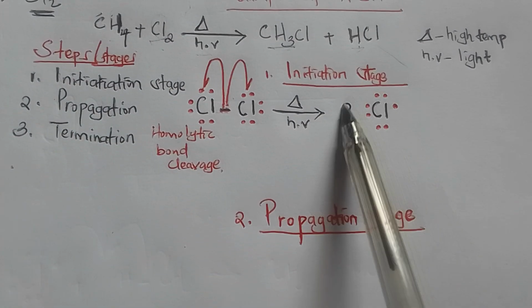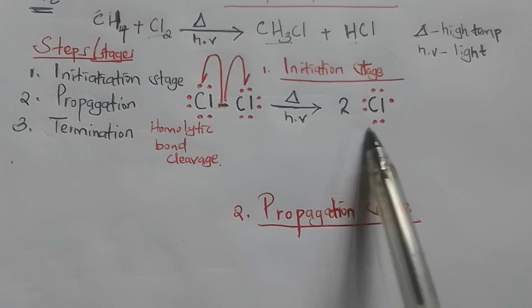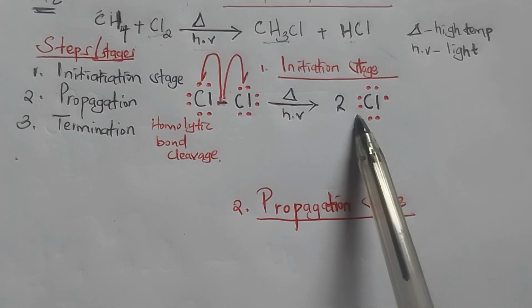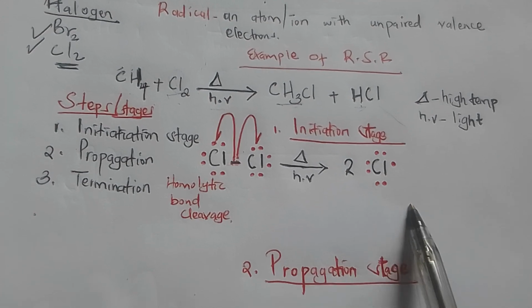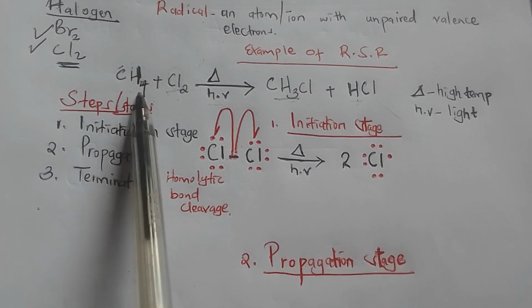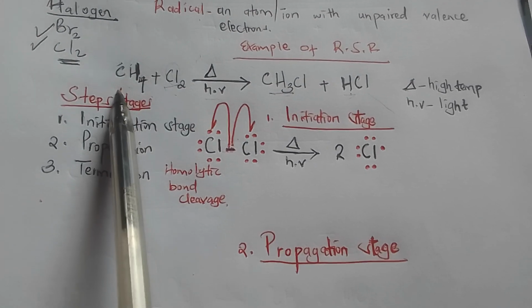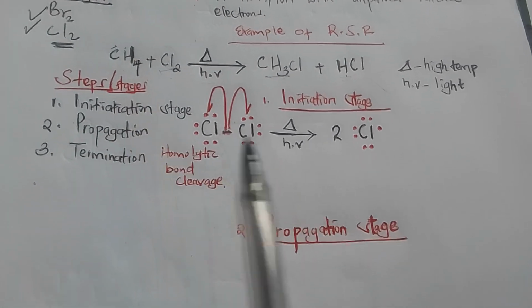How does the chlorine radical attack the methane? You remember that there are a lot of these radicals in that system. So these radicals attack the hydrogen. It snatches the hydrogen. It subtracts the hydrogen from a methane.